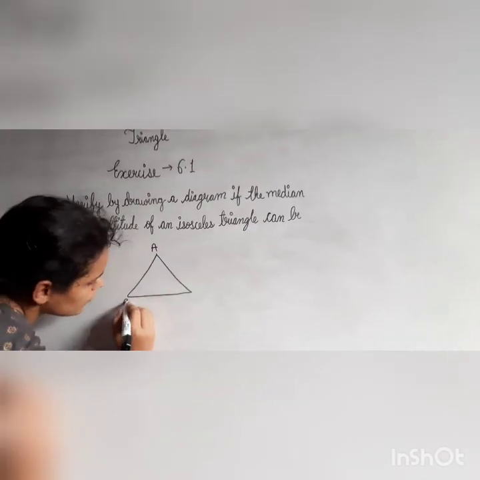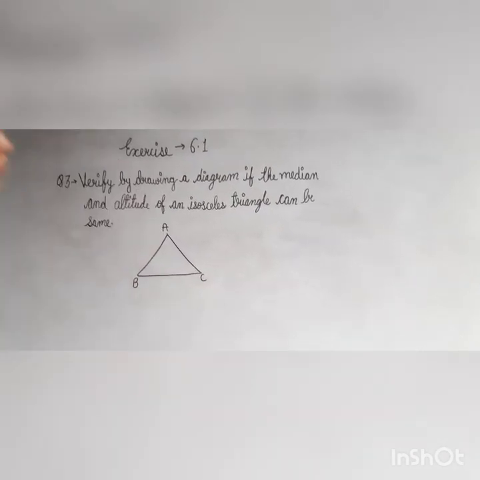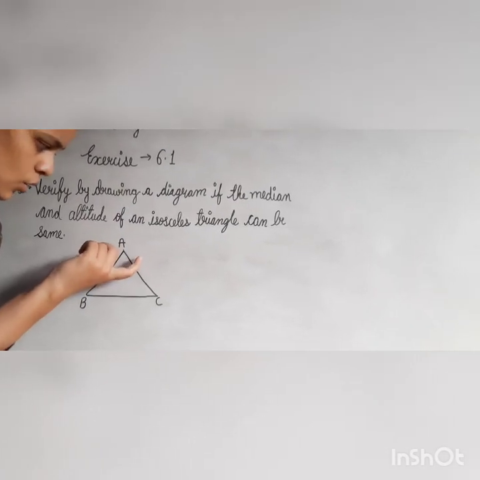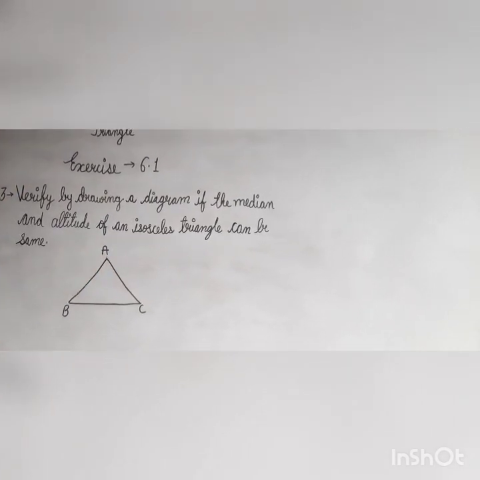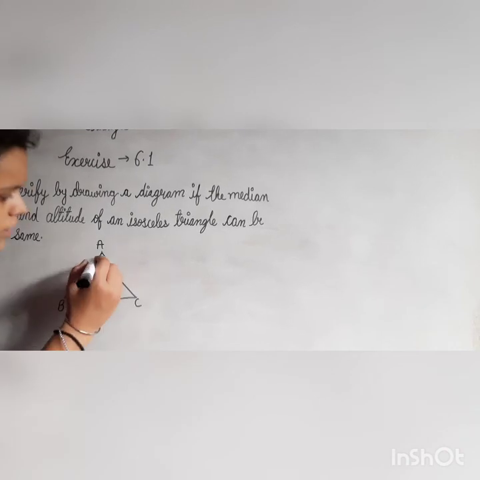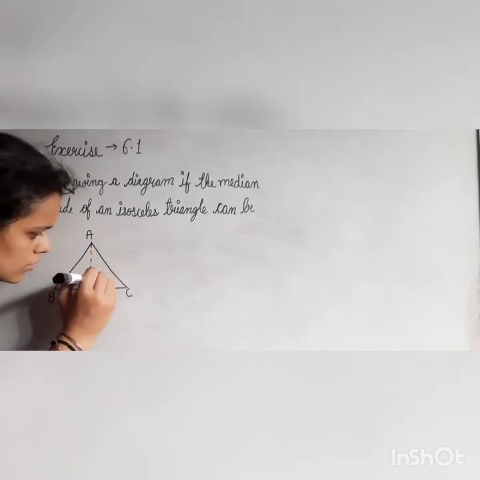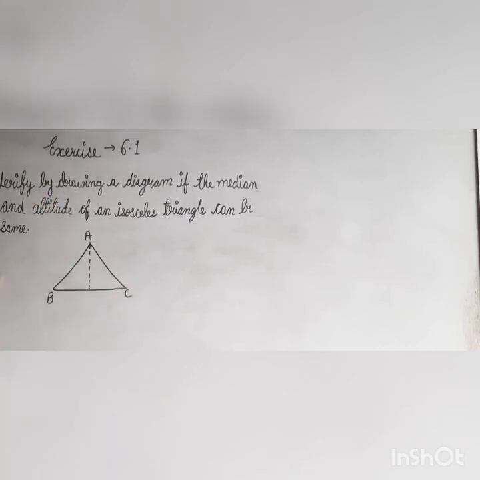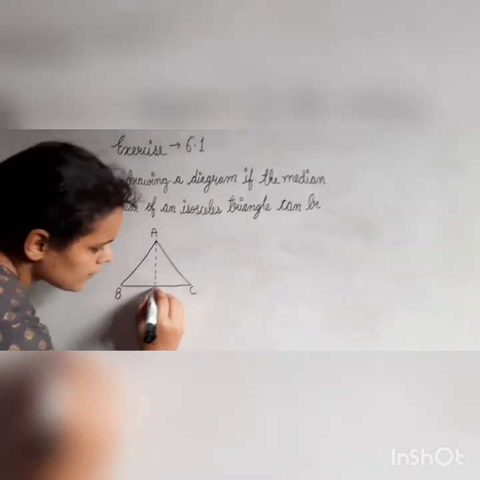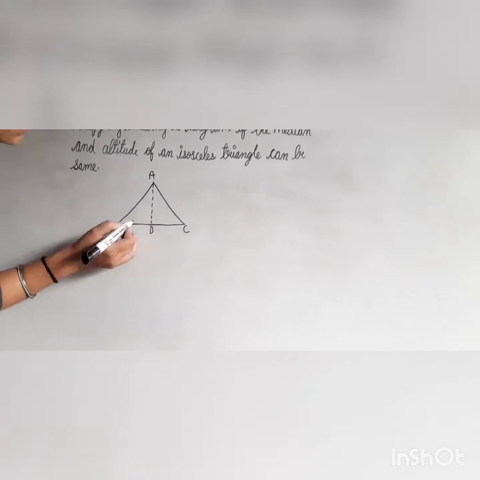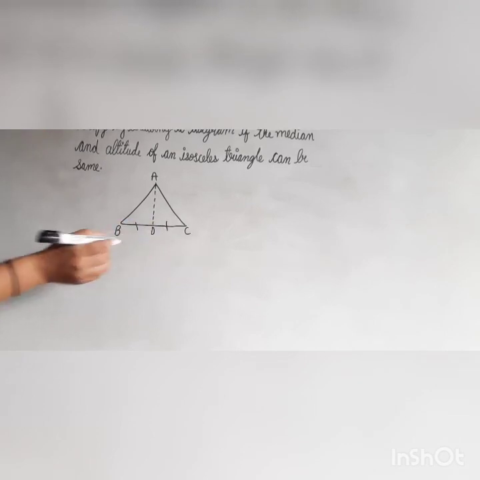ABC. Its two sides are equal. It means that its altitude and median will also be the same. You can see that these two are equal.